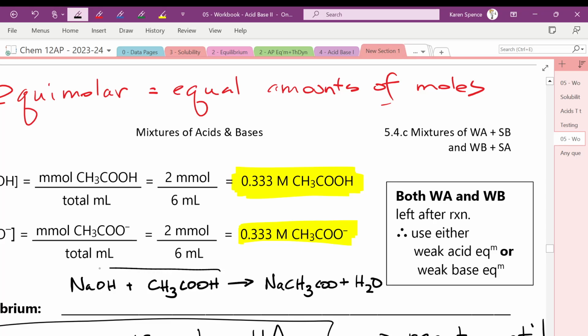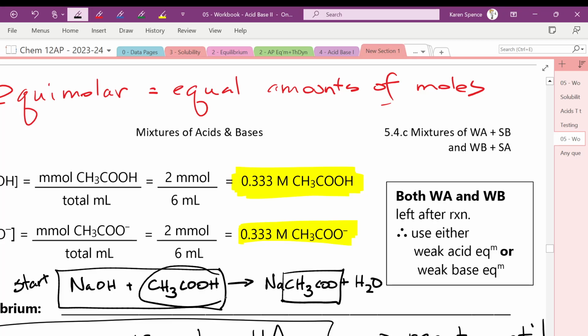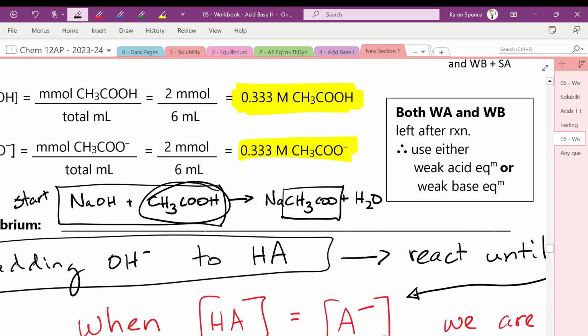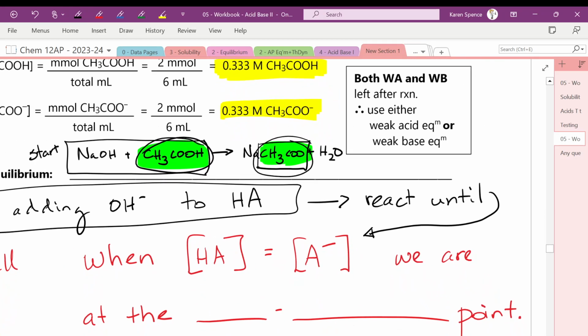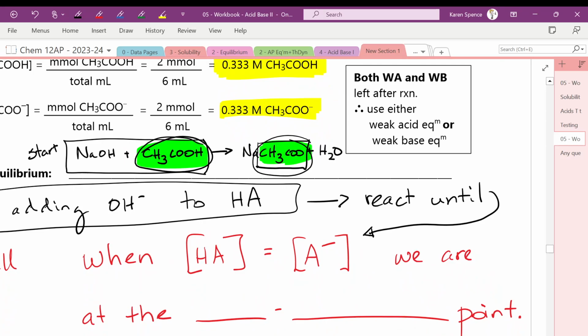So we started with these, and at the end, we have this one and this one are equal. So the circled ones are equal. The green ones are equal. So this is HA and A minus.